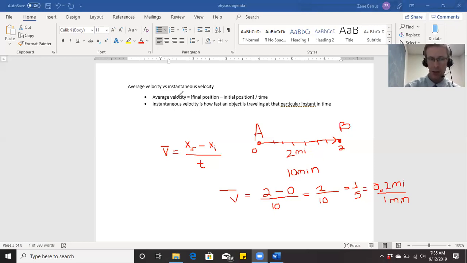Okay, so if you're driving in a car and you just happen to look at the speedometer and notice you're going 65 miles per hour on the freeway, at that exact instant in time, that is your instantaneous velocity. Whereas if you wanted to measure average velocity, you'd have to plug in your initial position and your final position and your time into the equation.